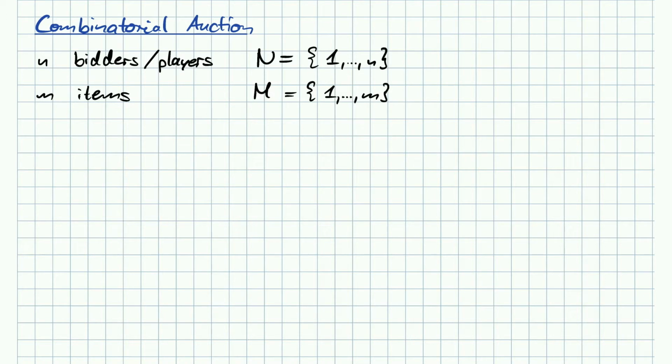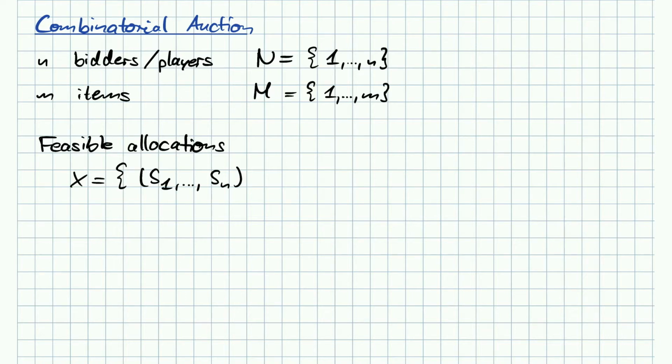What are now feasible allocations? Feasible allocations are vectors of sets. So each of these sets is an element of the power set of the set of items.